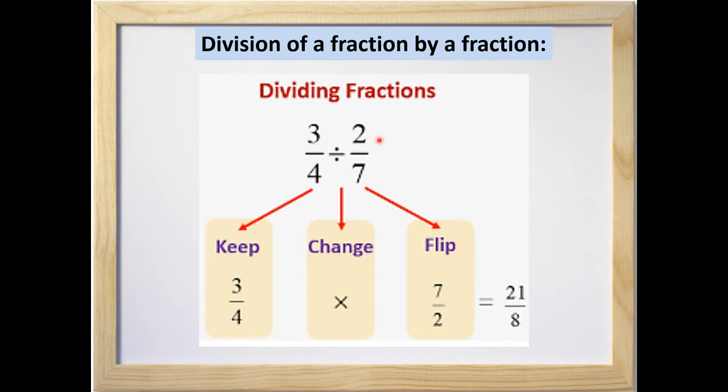That means the reciprocal of 2 by 7 is 7 by 2. And now we got a product of these two fractions. So we have to multiply the numerators and multiply the denominators. So 3 into 7 is equal to 21. 4 into 2 is equal to 8. Is it easy, children, for you all to learn? Yes.